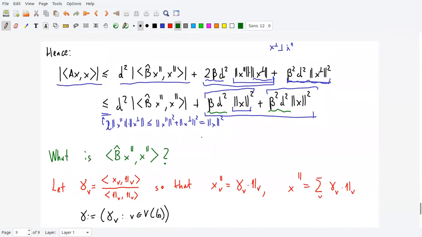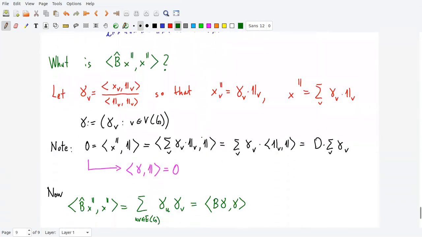Good. So let me now continue to the last part, which will involve a little bit of combinatorics, but not too much, namely understanding the average part, the remaining part that we did not estimate so far. So B hat applied on x parallel, cross product x parallel.